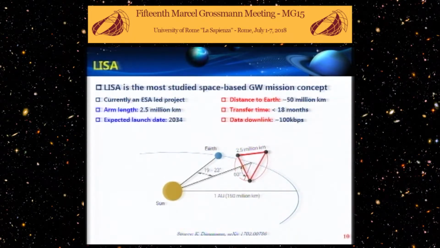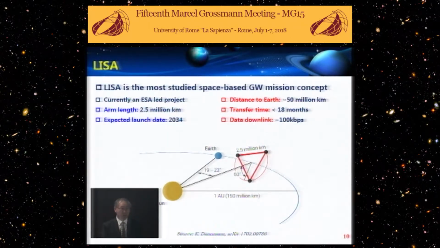And here is LISA, which has been introduced by Vitala quite well. So I just list some key properties here. This is the current ESA-led project. The arm length is 2.5 million kilometers between the spacecraft. Expected launch time is 2034. I'm not sure, maybe earlier, maybe later.